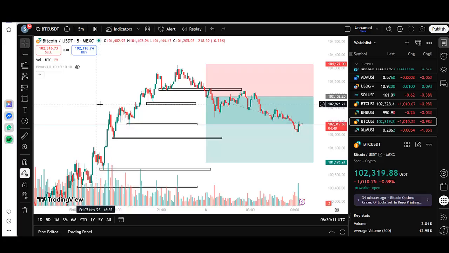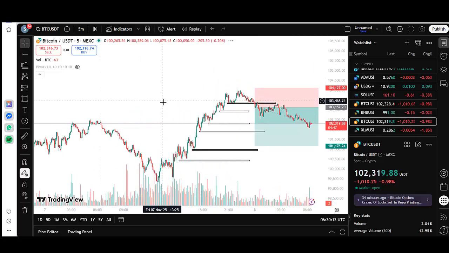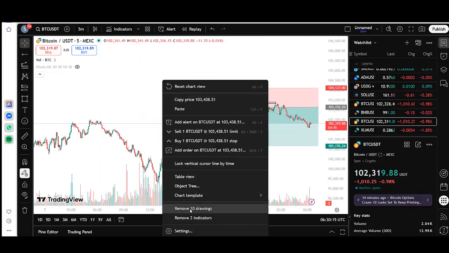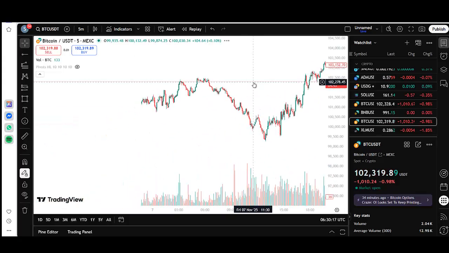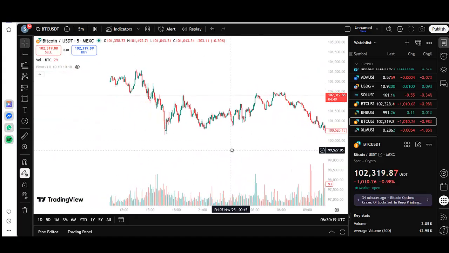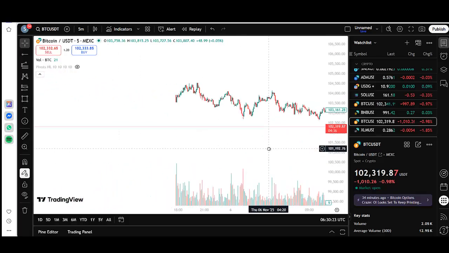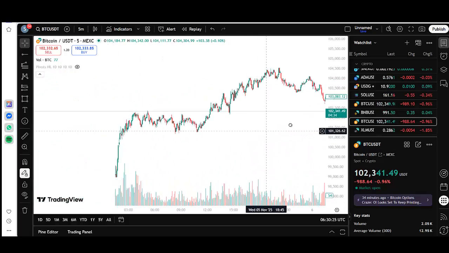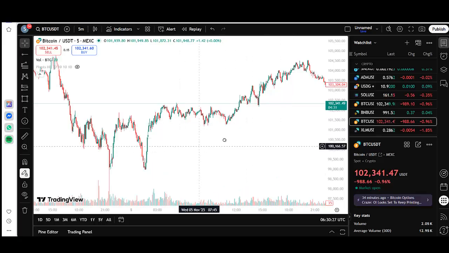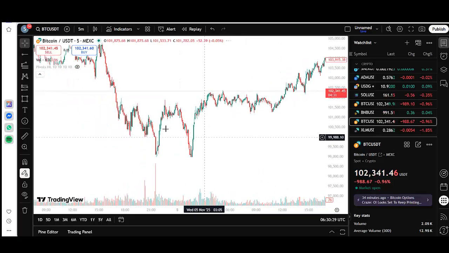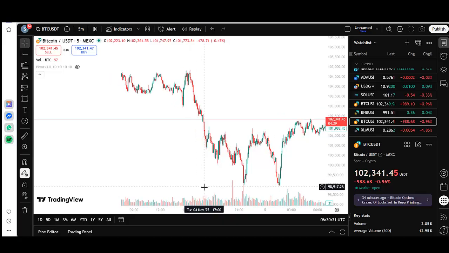So just check, right? Just study the market with this strategy I'm telling you about, and realize that it runs through whenever the market is about to go up, whenever the market wants to go down, whenever the market wants to do whatever.